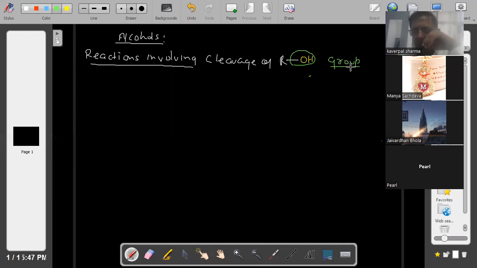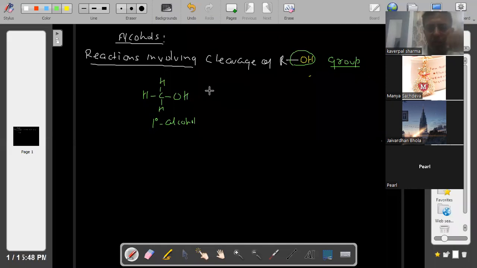So you do understand in what conditions the group is possible to cleave, likely due to the inductive effect. CH3OH is a 1 degree alcohol. Another one is R-CH2-OH, which is a 2 degree alcohol.